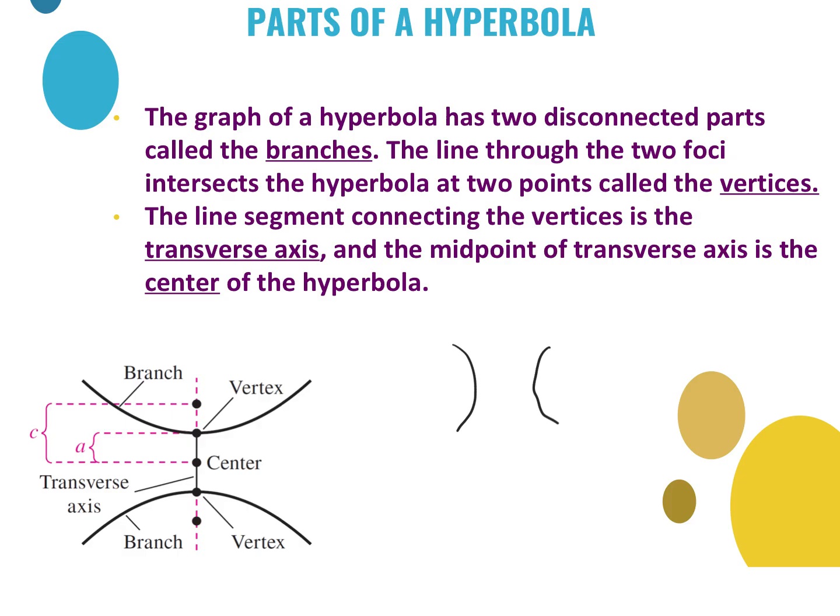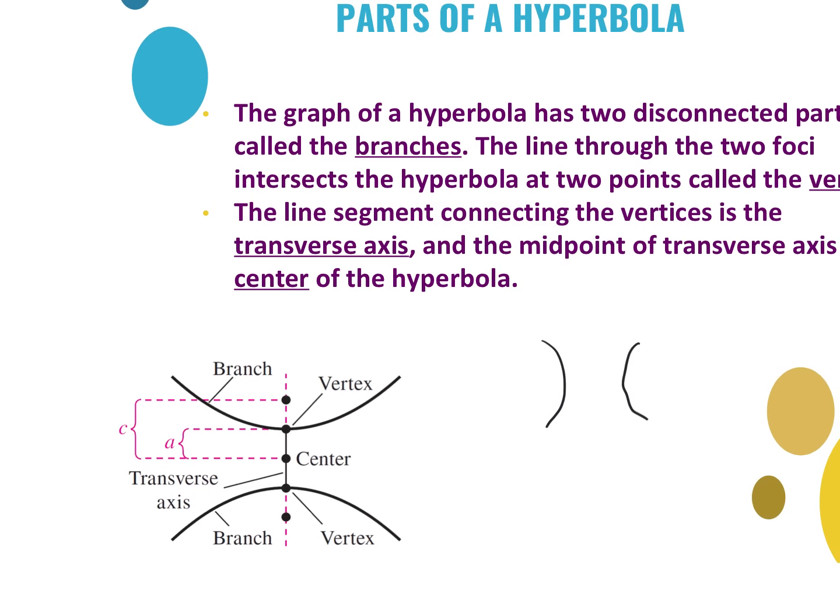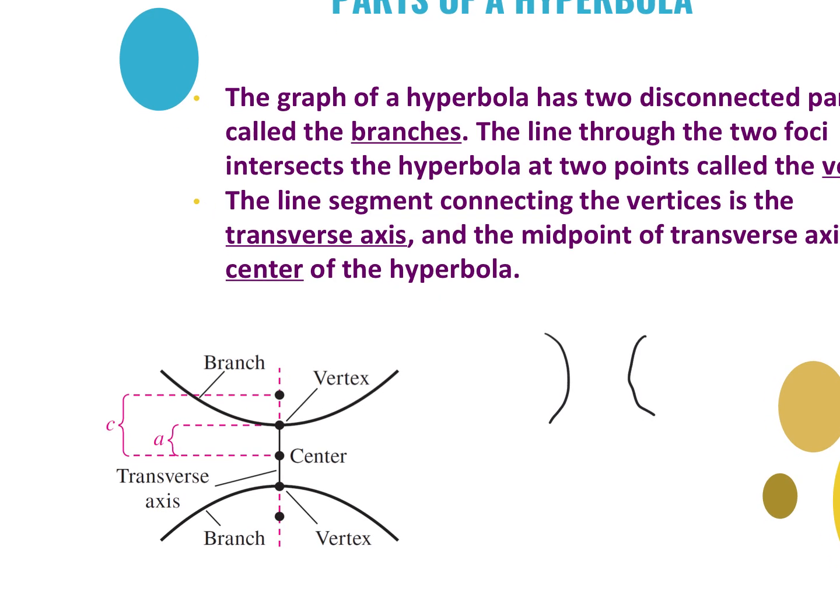All right, and you can see in this image right here, we have a center. So this is the center right here of our hyperbola. And it is what it sounds like: the two little curves are going to be centered around there. Similarly in the horizontal one, it's going to be right in between those two points. It's going to be directly in between your vertices. I have a vertex right here, and I have a vertex right here. And just like with an ellipse, the distance from the center to the vertex is your A value.